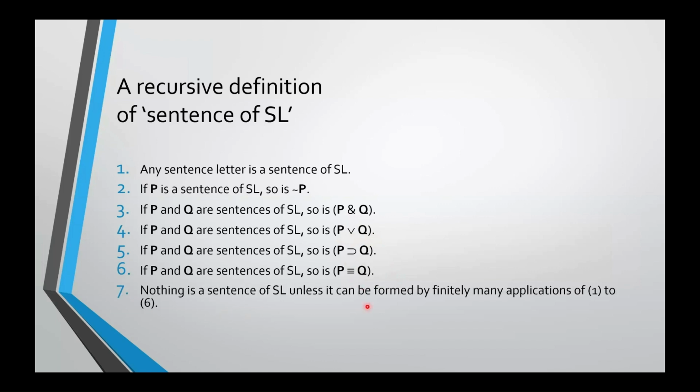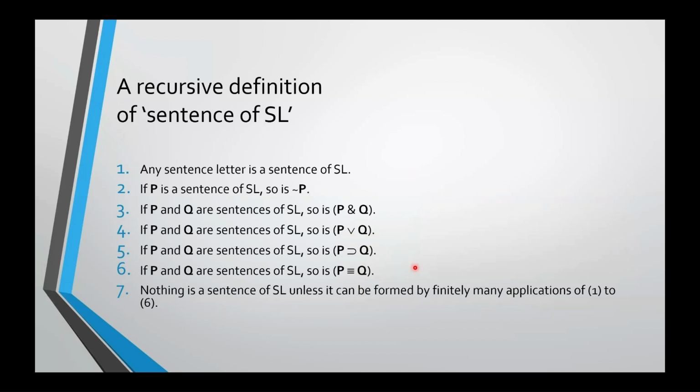Nothing is a sentence of SL unless it can be formed by finitely many applications of 1 to 6. Note the finitely many applications here. That actually does 2 things. One, it specifies that this definition is complete because all the sentences of SL are going to be produced by this definition. The other thing that it does, though, is it specifies sentences of SL must be finitely long.